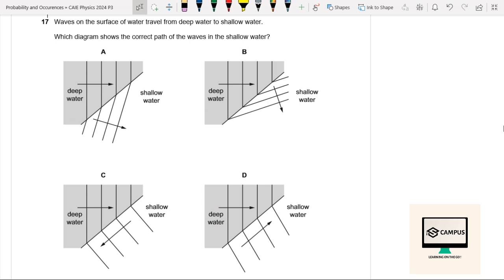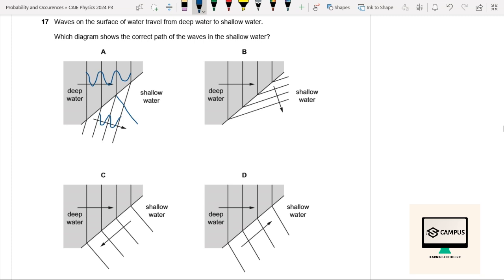So these are wave fronts shown. So if I may draw, the wave would look like this. Yeah, that's a poor representation, but yes. And here it would look like this. Let's take option number one initially. So when waves enter the medium of lower speed, it moves towards the normal. So yeah, let's say this is the normal.